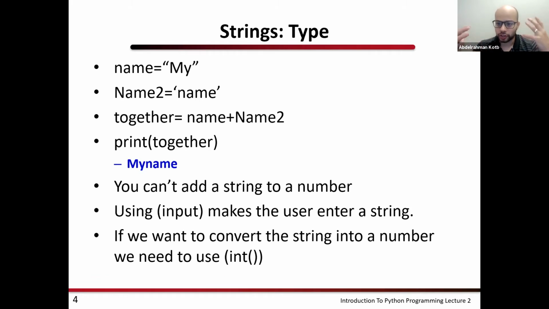However, when it comes to a string, it might not be as intuitive because we are adding words to each other. What Python does when we add 2 strings to each other is it pretty much combines them. So if you name another variable, which is together equal name plus name2, and you print together, it's going to give you my name.